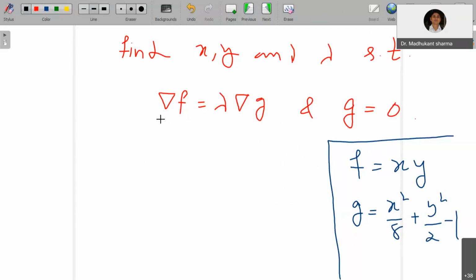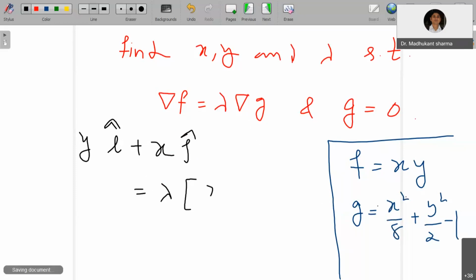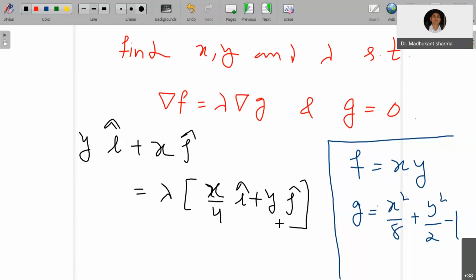So f_x, the i component, is y, and the j component is x, and this equals lambda times the i component 2x by 8, so x by 4, i, plus g_y, which is 2y by 2, so that's going to be y j.